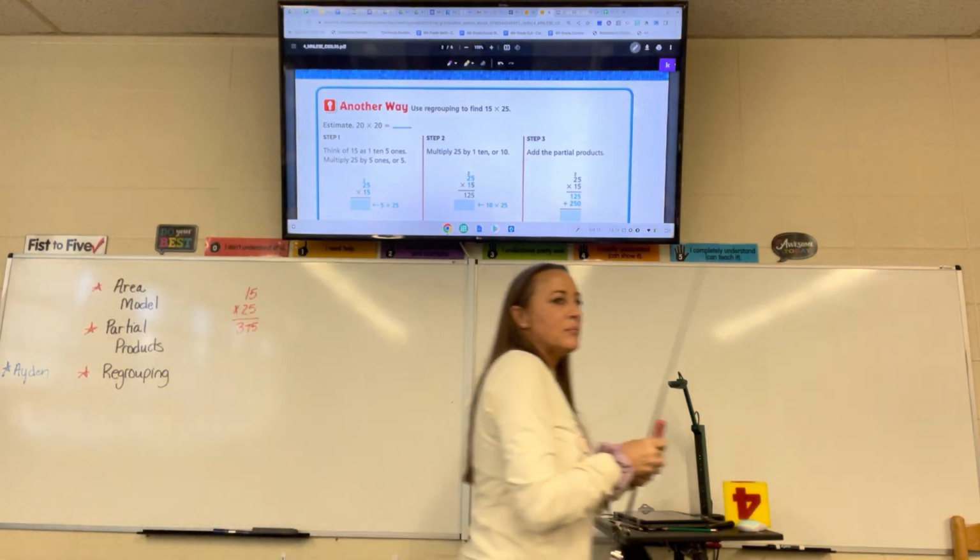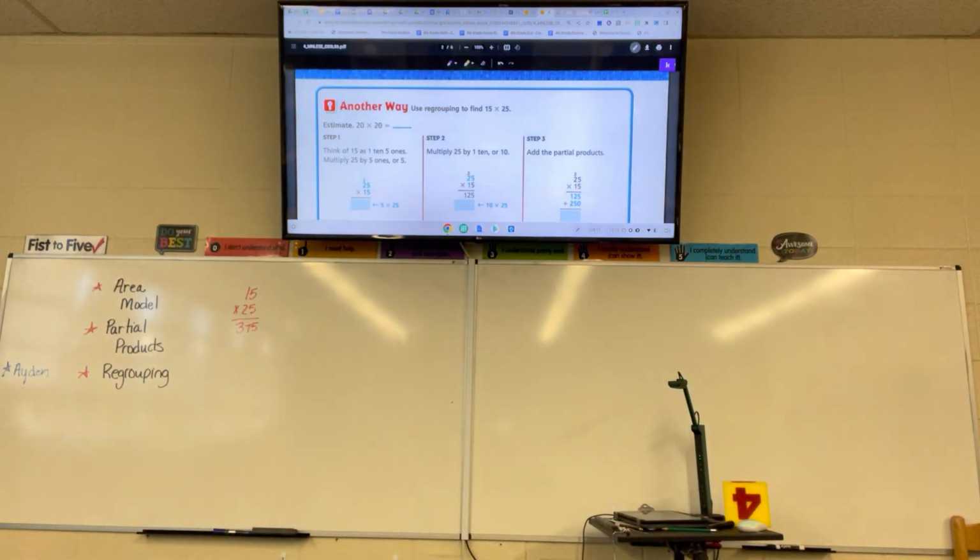So we've done partial products, we've done the area model, now we're going to do regrouping. But first we're going to estimate. So what does 15 round to?